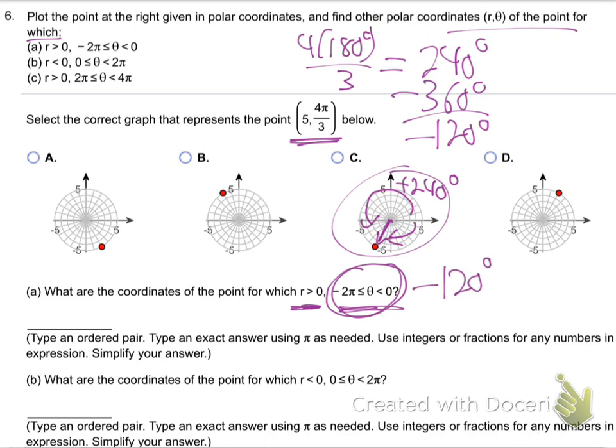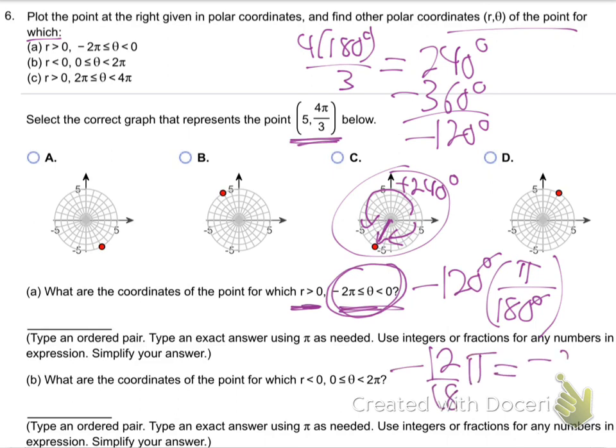How do you change that to radians? Multiply by pi over 180. Do you remember that? Because that way the degrees cancel. So it's negative 12/18 pi, divide by 6, negative 2/3 pi. So that would be 5, negative 2/3 pi. And that's just the first of 3.